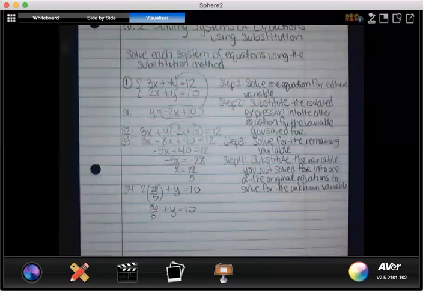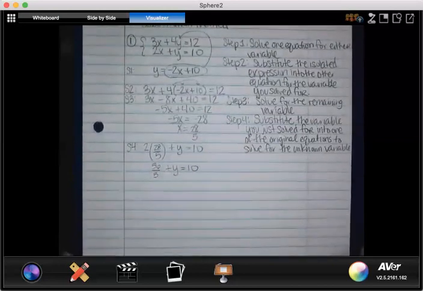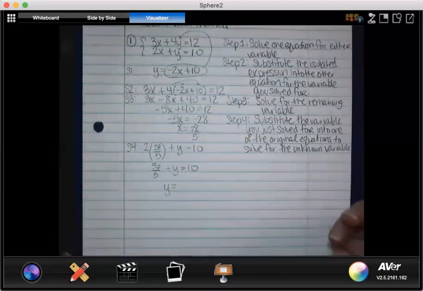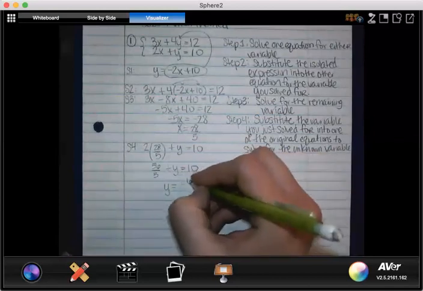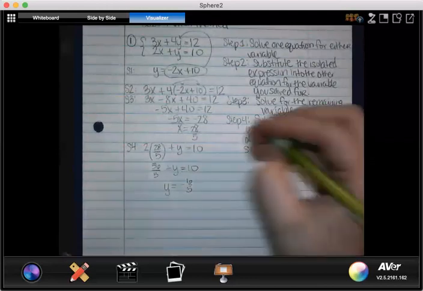And we need to subtract that to the other side. Now, do I expect you always to do everything in your head? No, you can use a calculator. Subtract 56/5 to the other side, and you get y equals -6/5. Now remember, you are going to get fractions. Leave them as fractions and leave them as improper fractions, not mixed numbers.